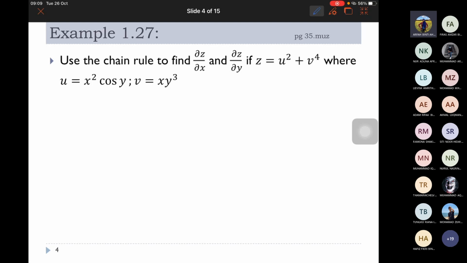Okay, so from here, we have z equal to a function of u and v.